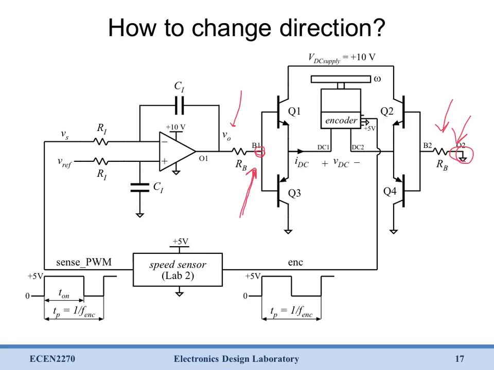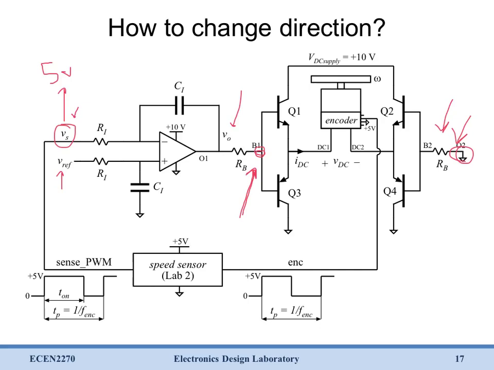And the way we do that is just think about if we tied Vs to 5 volts, what would happen? If Vs was 5 volts, then our compensator would see that V reference was lower than Vs, and it would think that our motor is going too fast.